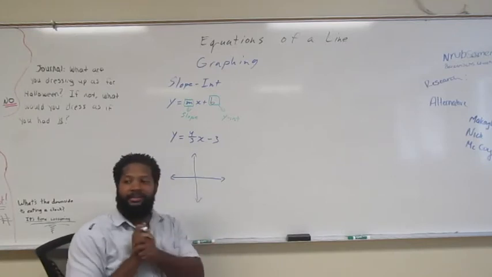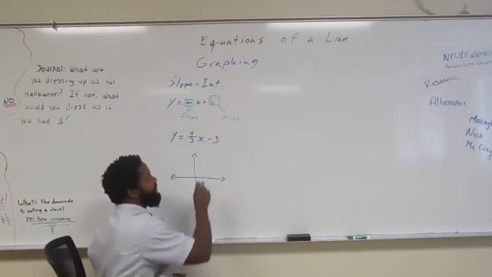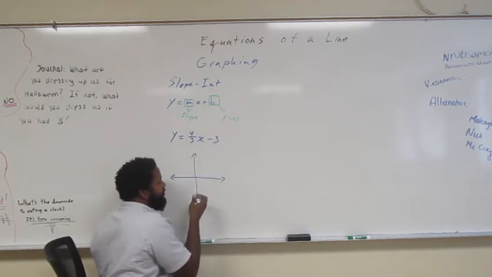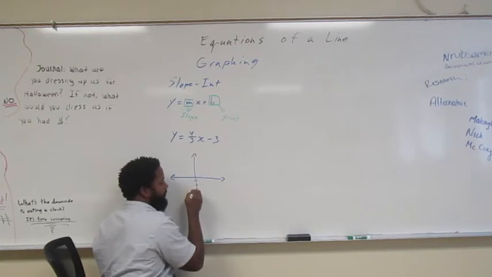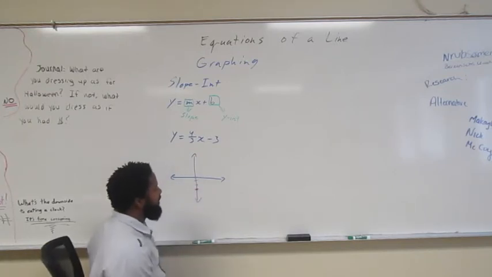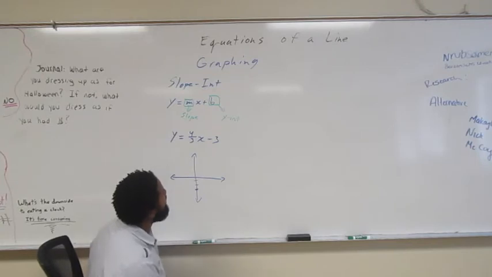Remember, the minus sign and the negative sign go hand in hand, all right? So this is a -3, which means it's down here somewhere. 1, 2, 3. There we go. That is the point where we cross the y-axis.